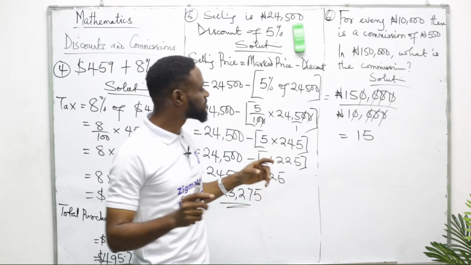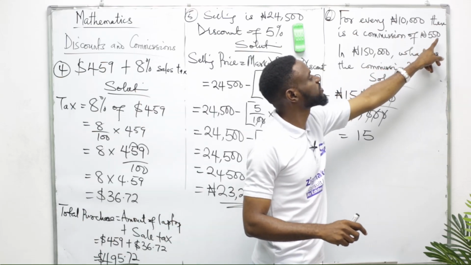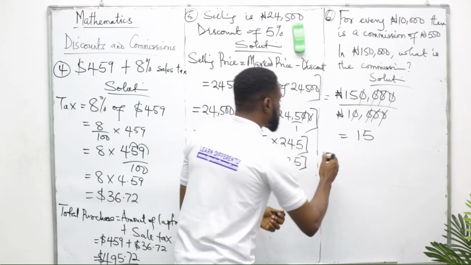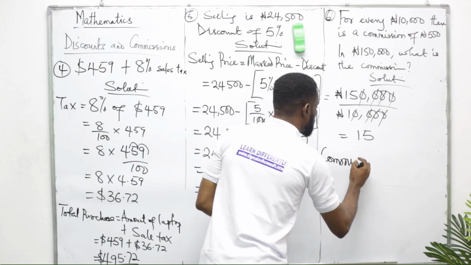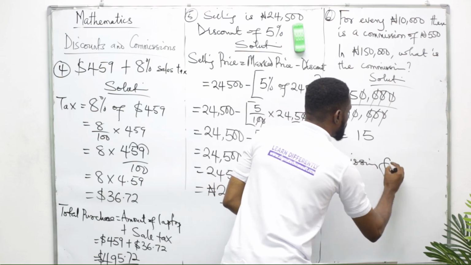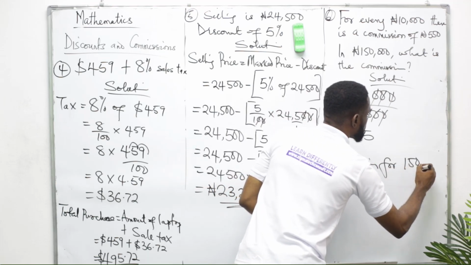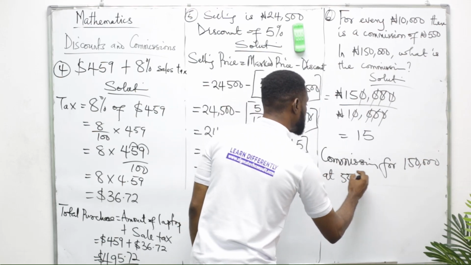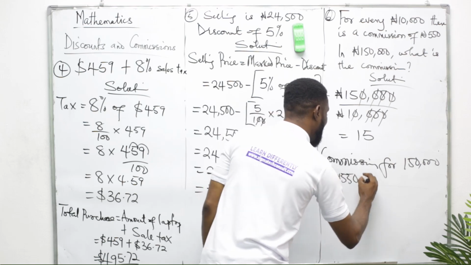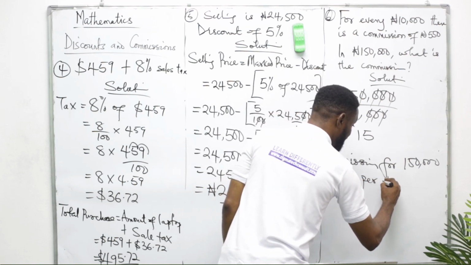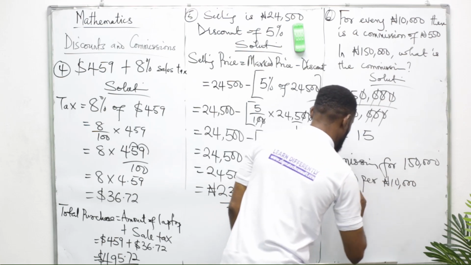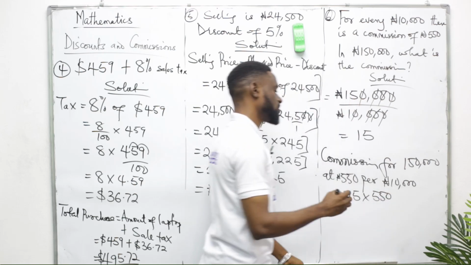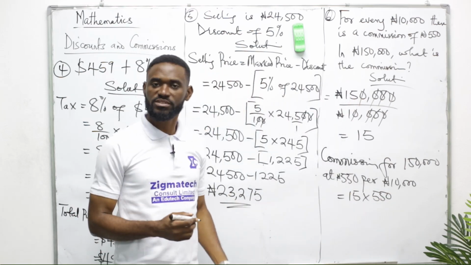Now, it means that 550 naira is applied here. So what we have to do is the commission for 150,000 naira worth of goods at 550 naira per 10,000 naira will now be equal to 15 times 550.